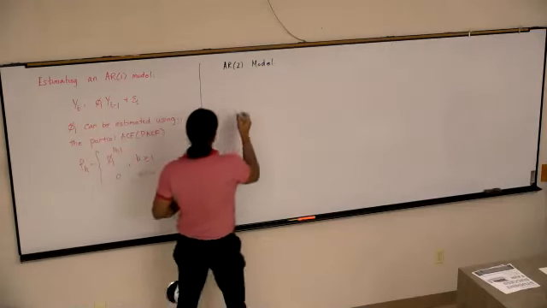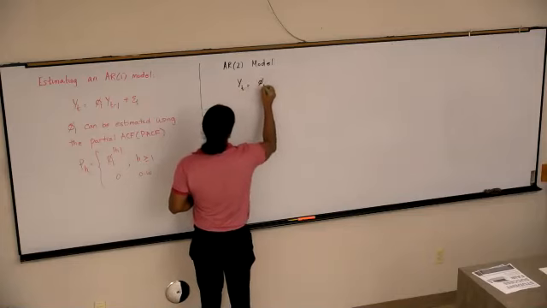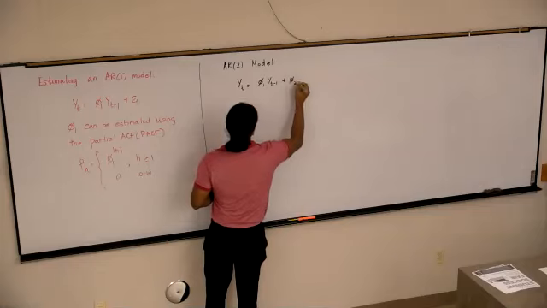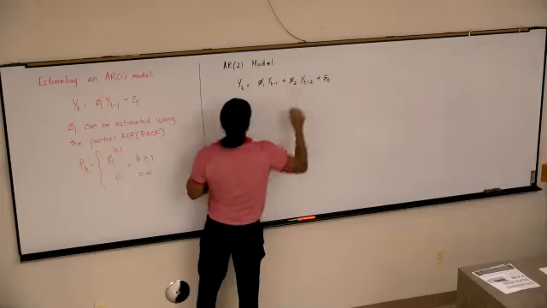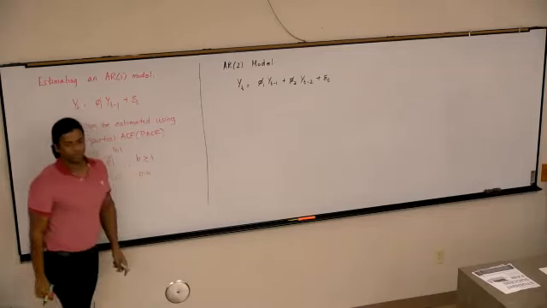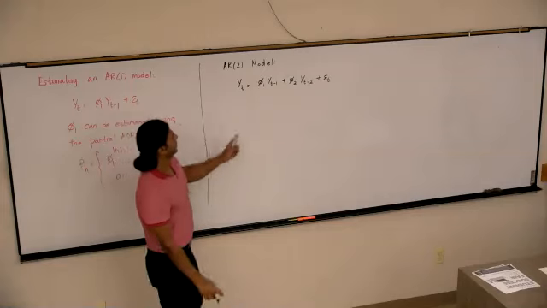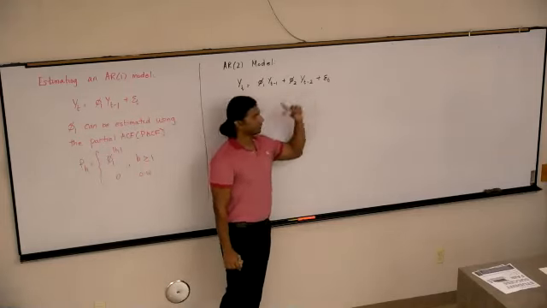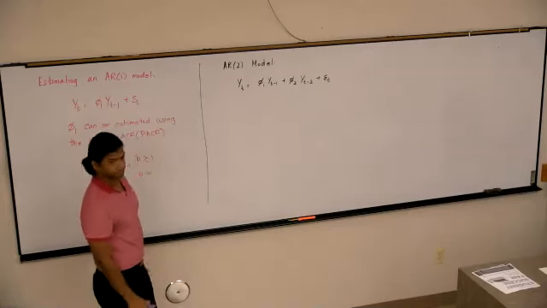AR2 model: we have y_t is equal to phi1 y_{t-1} plus phi2 y_{t-2} plus epsilon_t.